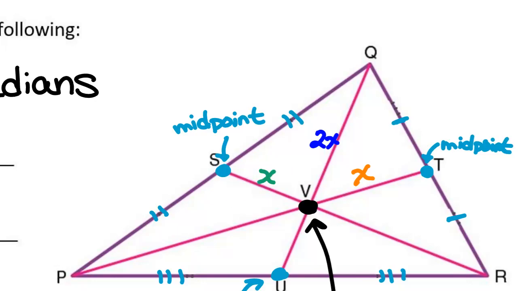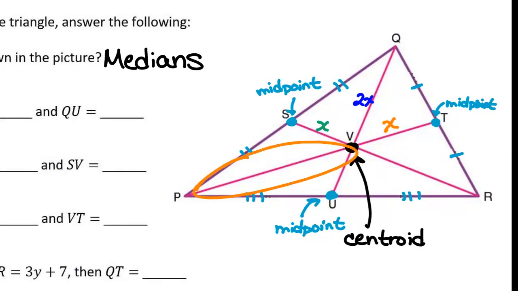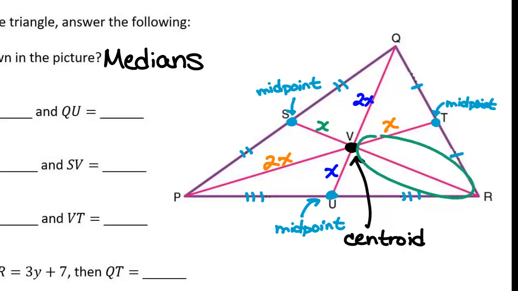X. This. 2x. This. X. And finally this one. 2x, yes. If it goes from the centroid to a corner, it's a 2x. It's a longer segment. If it goes from the centroid to the side, centroid to midpoint, that's going to be an x.